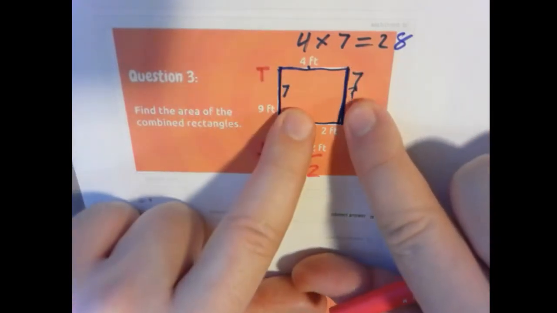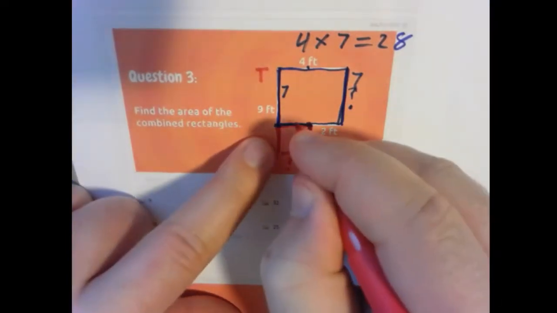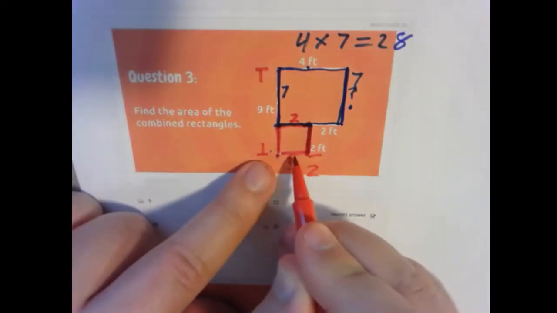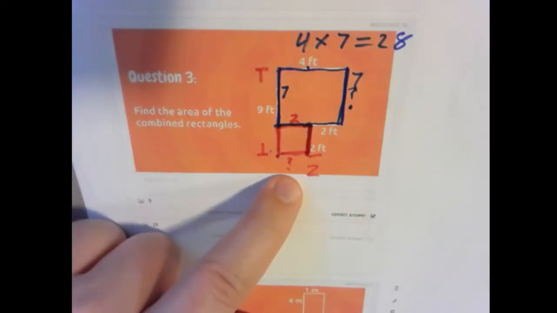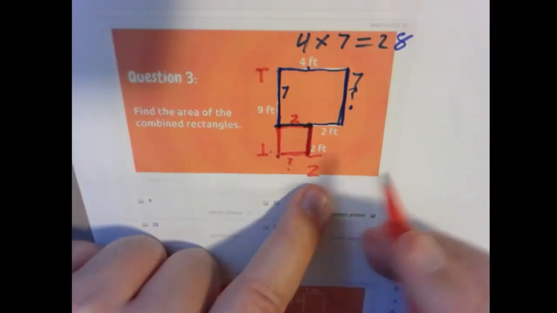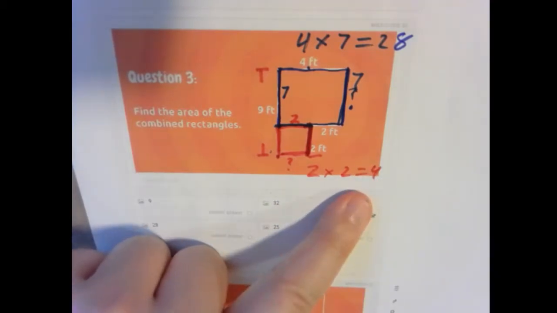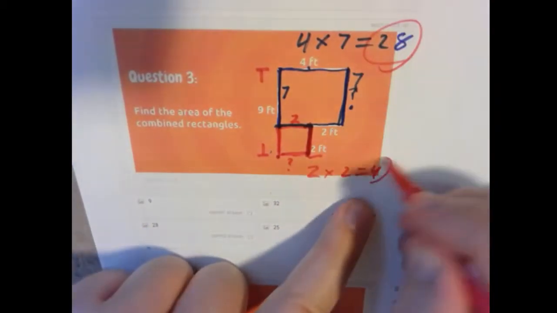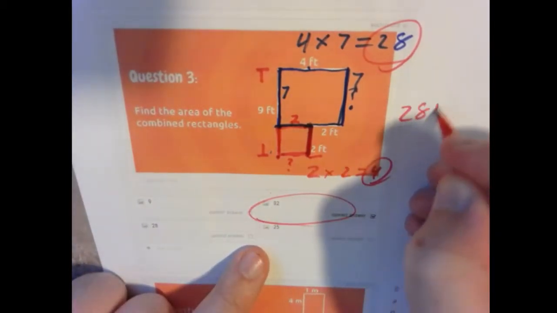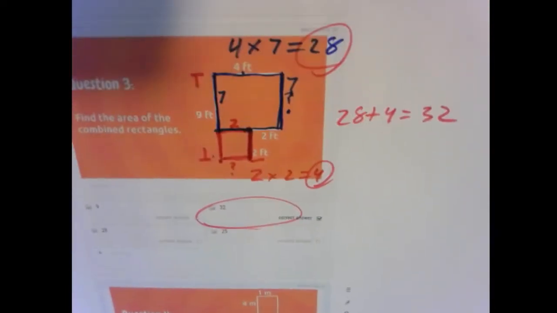And if we take away this segment of 2, 4 take away 2 means that from here to here is 2, which also means that from here to here is 2. So the question mark is also 2. So the dimensions of the red box would be 2 times 2 equals 4. Add those together, 28 plus 4 makes 32. Okay, next one. That was 32, the last one.